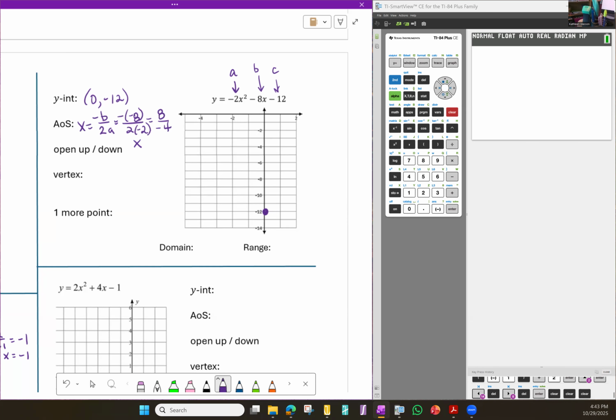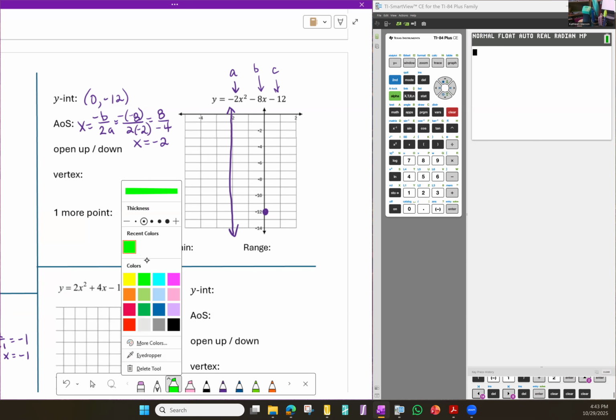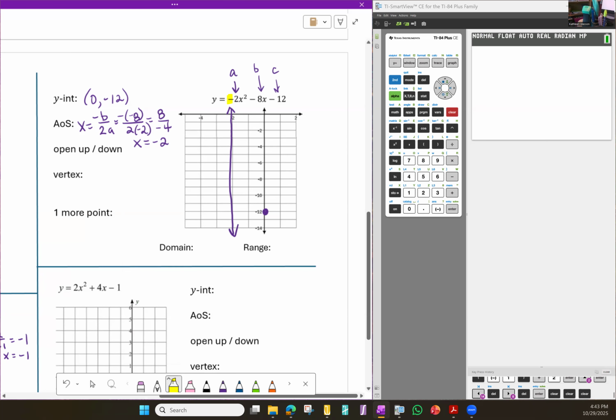So my axis of symmetry is x equals -2. Because A is negative right here, my graph will open down.